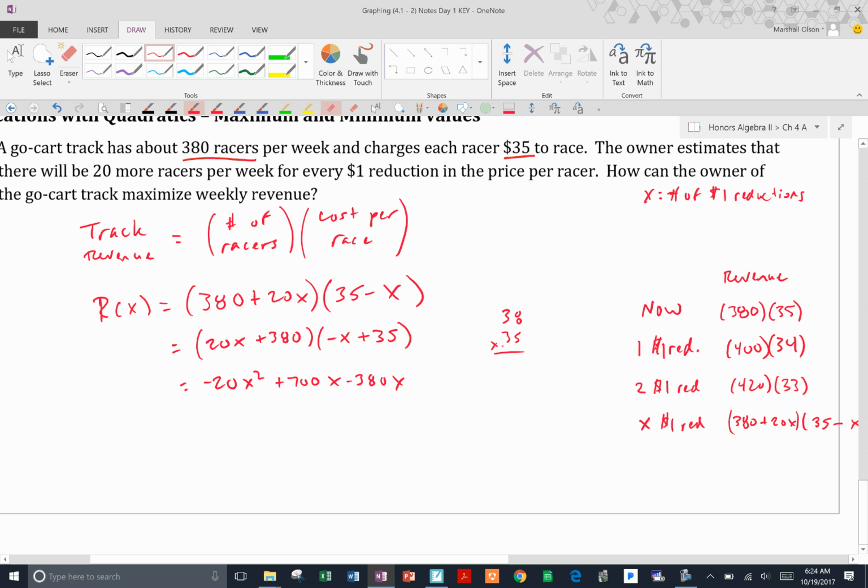I know I'm missing a zero. I'll add it in at the end. So I got 13,300. I'm missing that zero, so there it is.